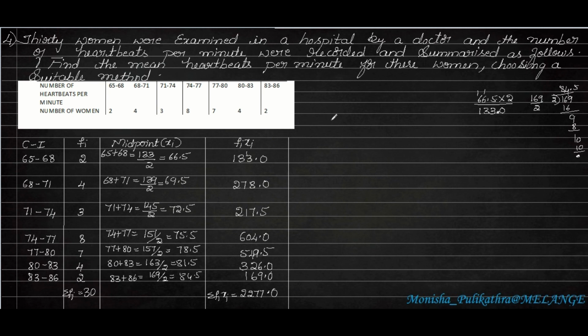Okay, so now you have to find out the mean. So the formula for mean is summation Fi xi divided by summation Fi. So summation Fi xi is 2277. 0.0 is there, so we can just reject it. Divide by 30. So you have to divide 2277 by 30.